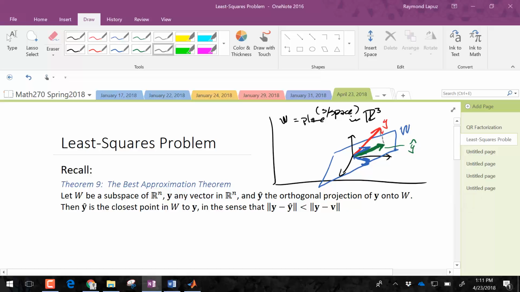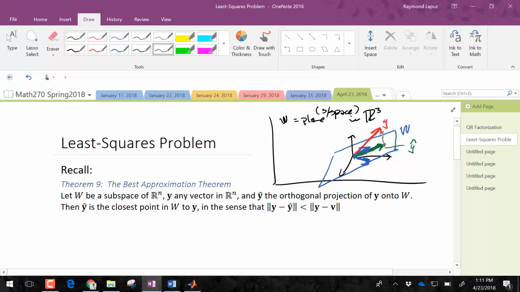Best approximation in the sense that if I'm restricted to a vector in W and I want a good representation for y, the orthogonal projection of y onto W is going to be this vector over here, the best approximation to y that is not necessarily on the plane.